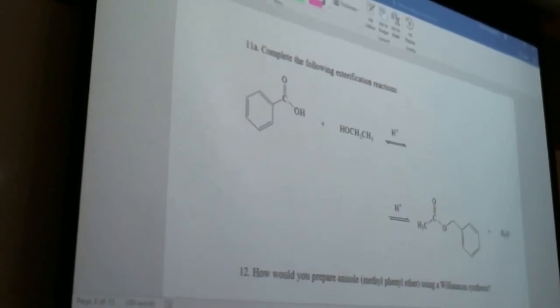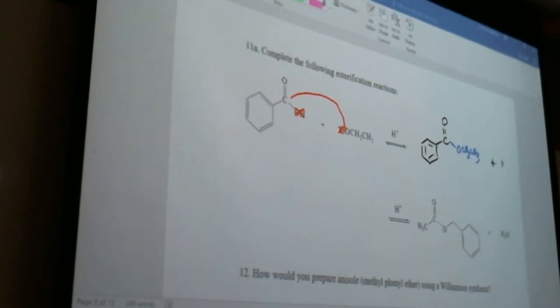Okay, here's my carboxylic acid. We're going to lose OH from the carboxylic acid and hydrogen from the alcohol. And we're going to connect this carbonyl to this oxygen. So this piece is coming from the carboxylic acid. This piece is coming from the alcohol. And in the process, I lost water. Right. Those would be the products.